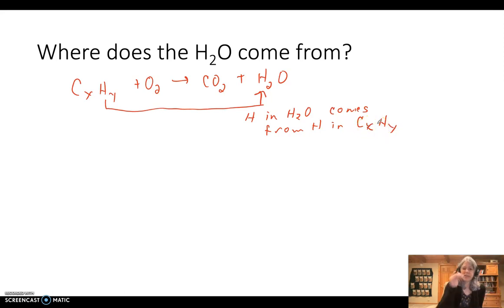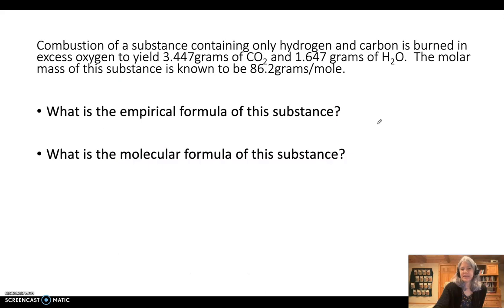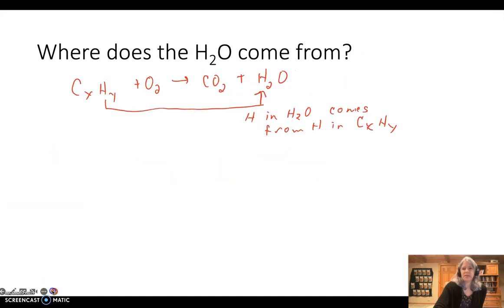Right, so how do we determine how much we have? Well, let's look at our data again. We have water, 1.647 grams of water. Okay, so if we put that here, 1.647 grams H2O, and we want to know how many moles of hydrogen are in there, right?